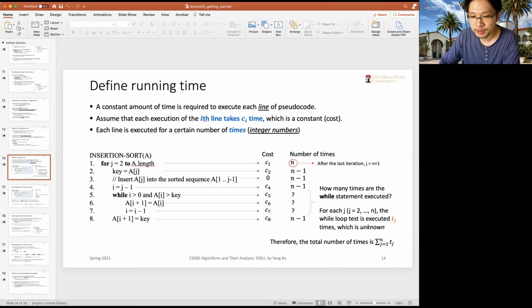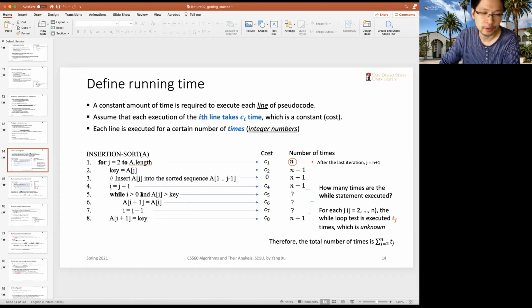Okay, so let's pick up these equations first. From the pseudocode, we hold the assumption that each line of code, if we run it just once, will cost us a constant amount of time. So the total cost for that line of code is the one-time cost times the total number of times.